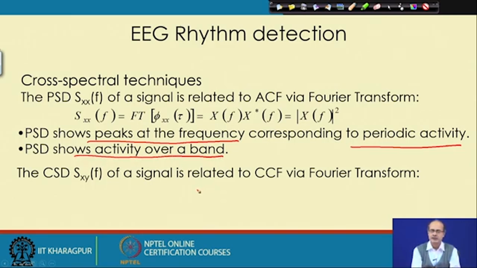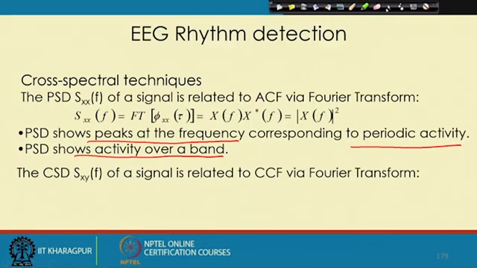That means, as part of the description, if you look at the predominant waves we talk about, alpha, beta, theta, delta, all of them have their maximum energy present in a particular band. So, there we are more interested not in a particular frequency but in the distribution of the energy within a band, and that we can also get directly from the PSD.